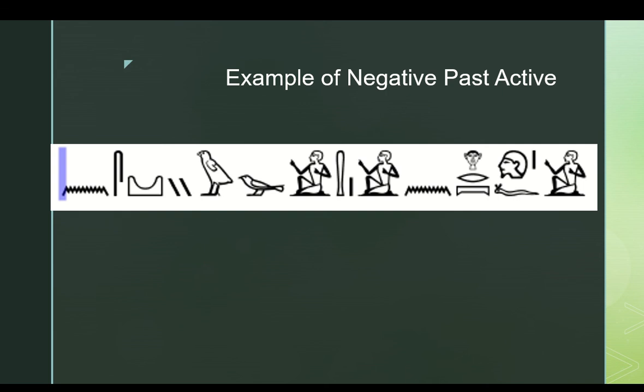So sedjwi is to slander, sedjwi.i, I slandered, or I slander, but with the n, it flips both the negative and the tense. So it becomes, rather than "I am slandering," it instead becomes "I did not slander."